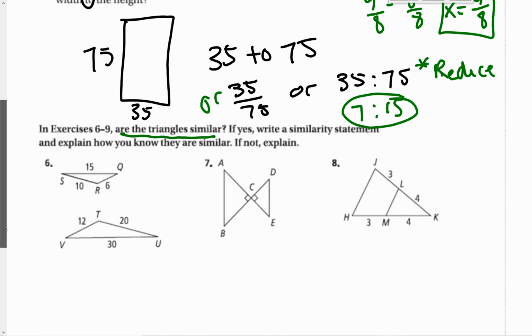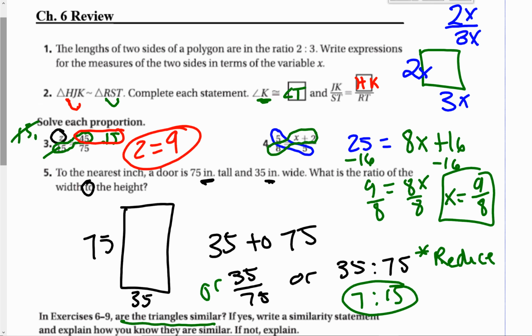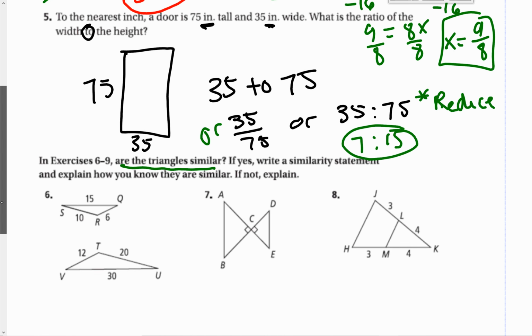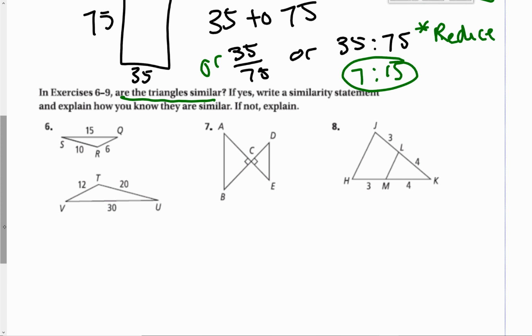In order for them to be similar, the angles need to be the same, at least 2 of the angles, or we can use side angle side similarity, or we can use side side side.